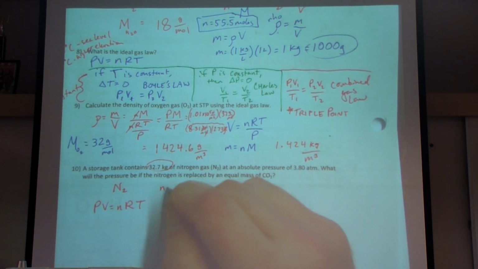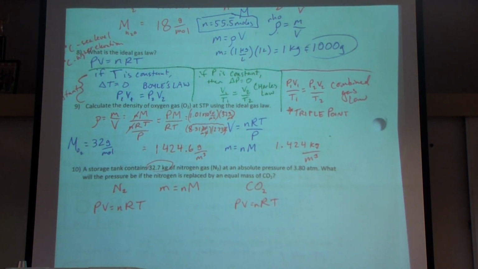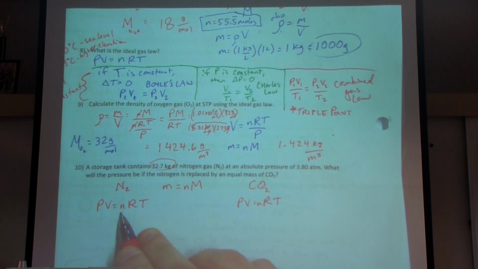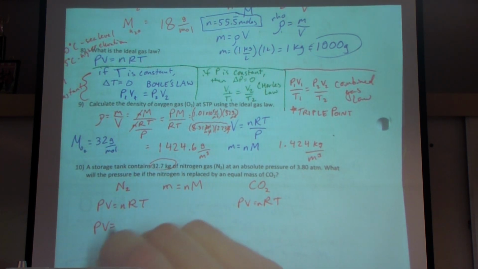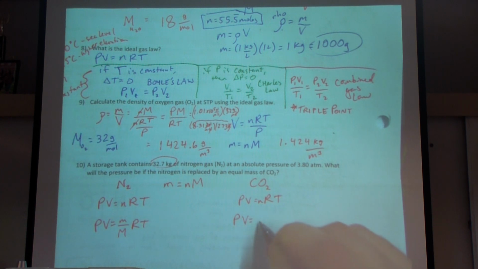The answer is mass equals n times capital M. So let's replace: PV equals little m over big M RT, and on this side, PV equals m over capital M RT.